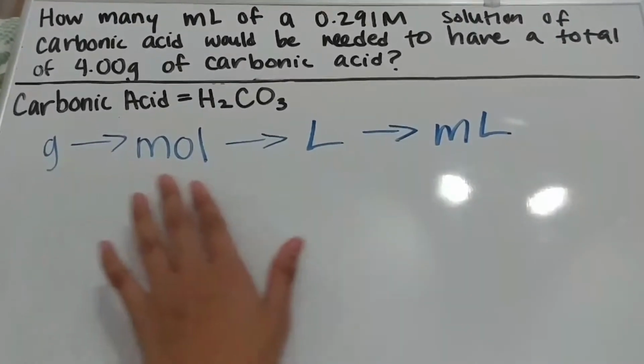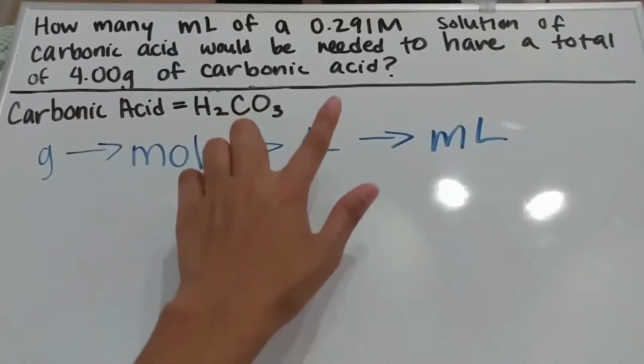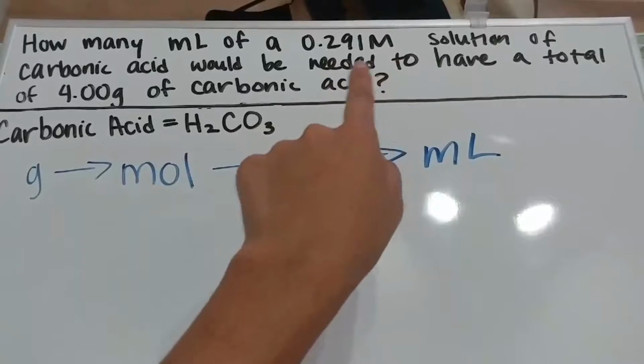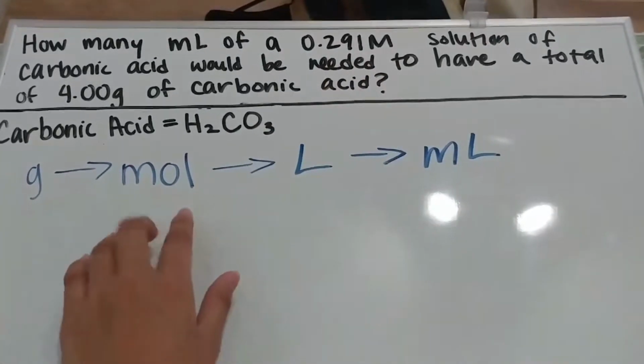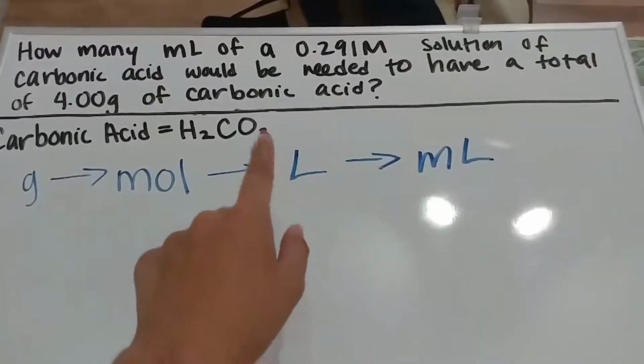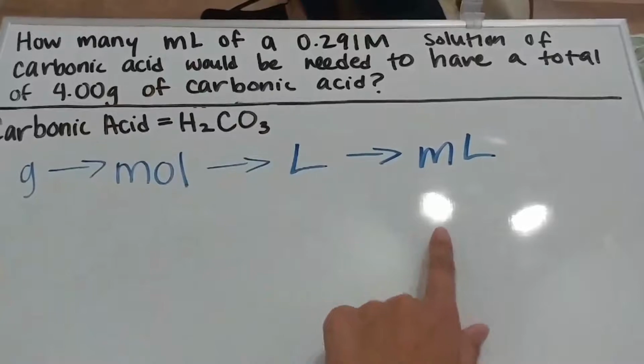It's set up this way because first we have 4 grams of carbonic acid, and then we have 0.291 moles solution, and then from moles to liters, we have liters, and then we need to convert liters to milliliters because that's what we're trying to find at the end.